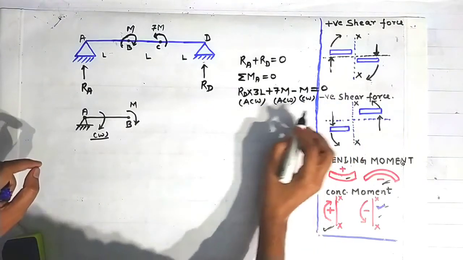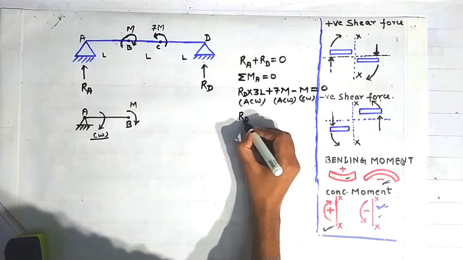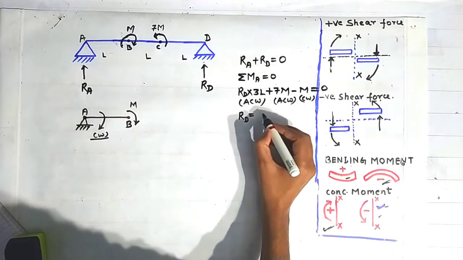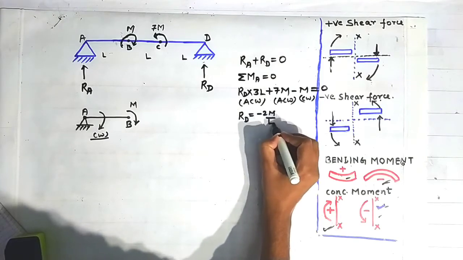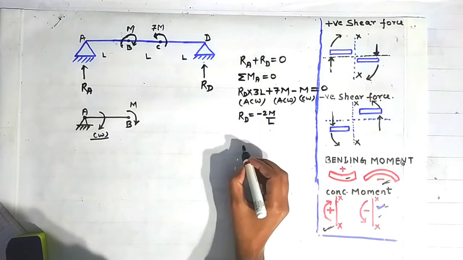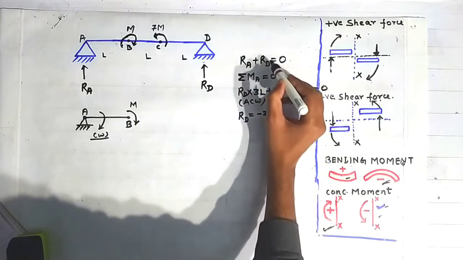Now solving this, what will we get? We will get RD is equal to how much? Minus 2m by L. And RA can be obtained from this equation by putting the value of RD here.